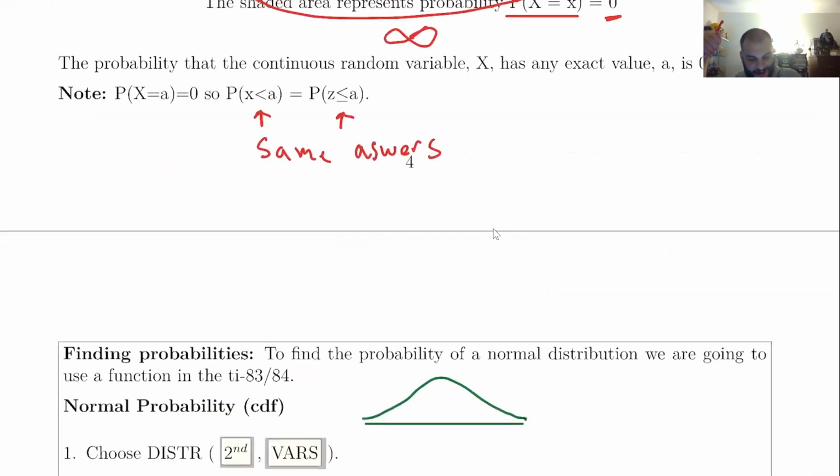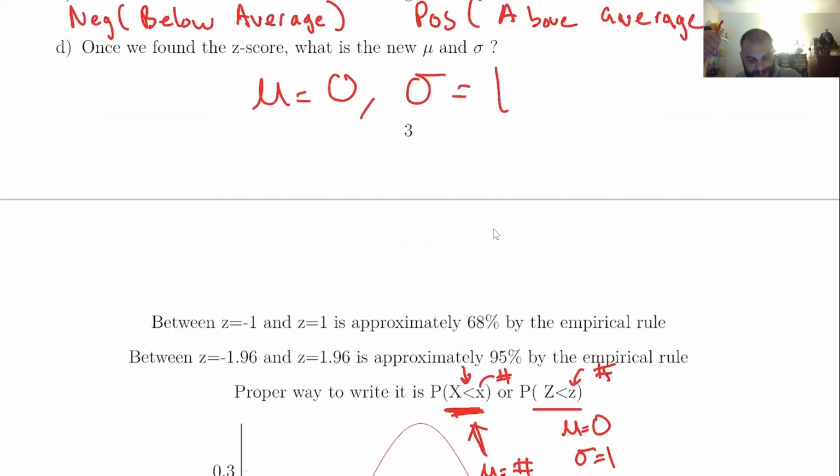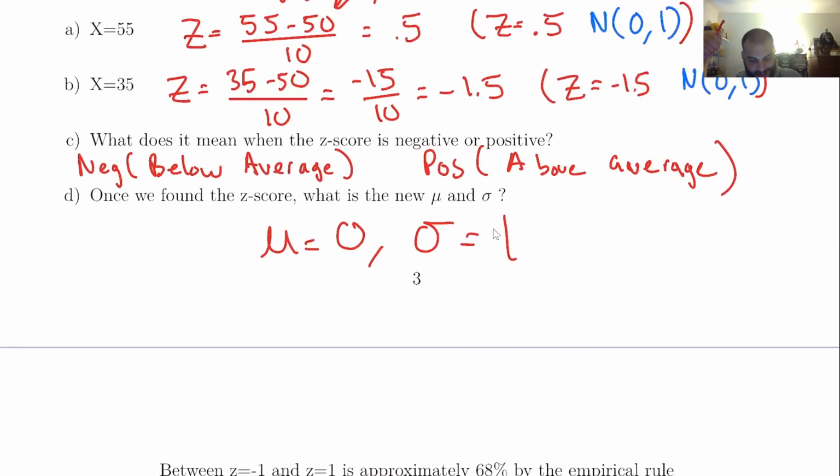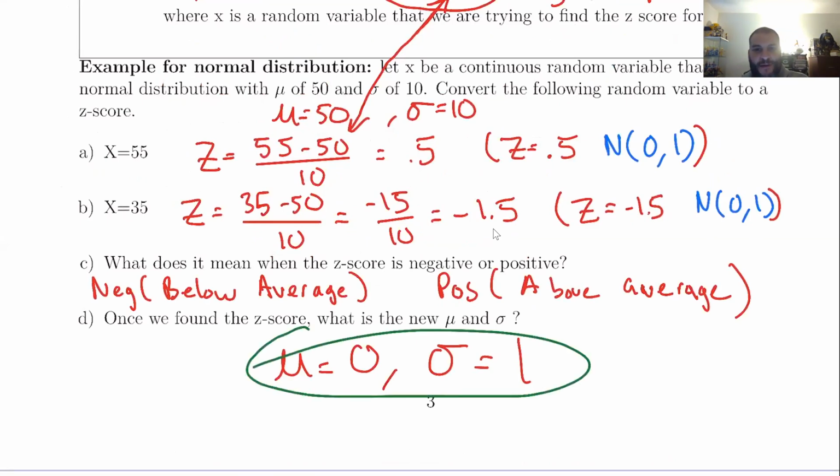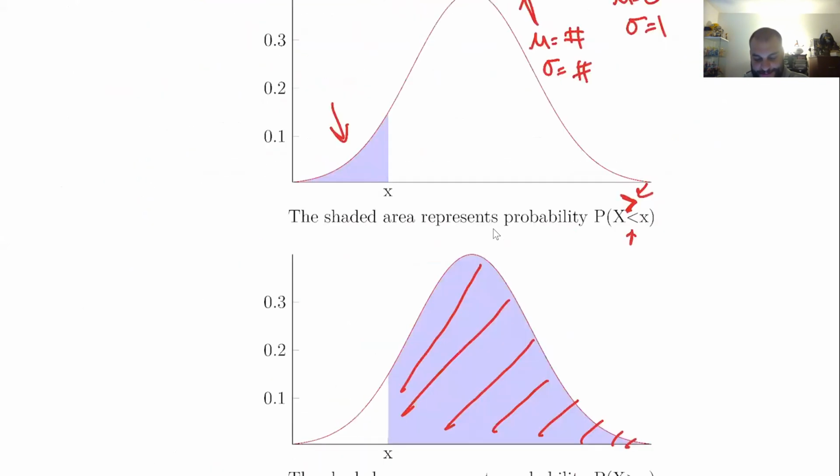Because if you remember the example we did yesterday, on Thursday, we said that over here too. Mu is equal to 0, sigma is equal to 1 once you find the z-score. So as soon as you know you have a z value, you should already know mu and sigma are equal to 0 and 1.